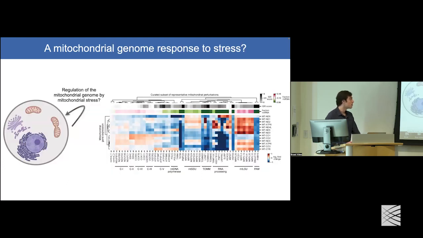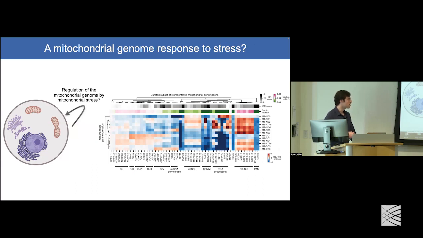Something very surprising to us is that when we began to inspect the mitochondrial genes themselves, we found that although there was this very generic response in the nuclear genome to mitochondrial perturbations, these 13 mitochondrial genes had, in many cases, exquisitely specific responses to the disruption of different processes in the mitochondria.